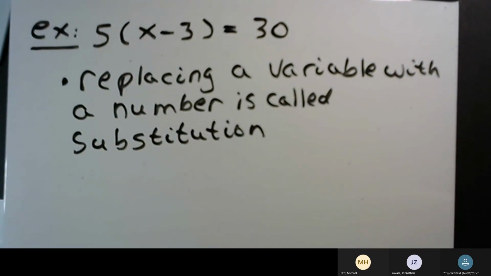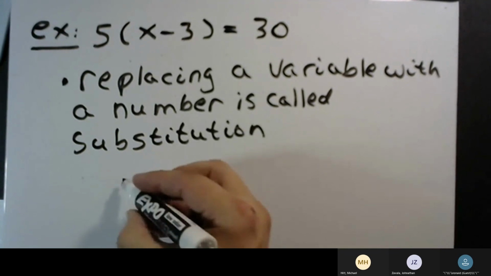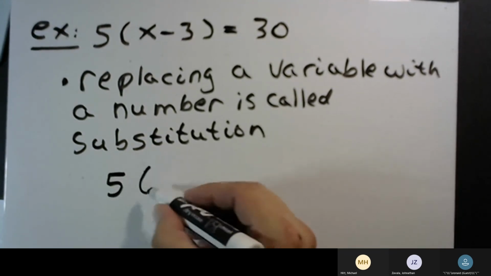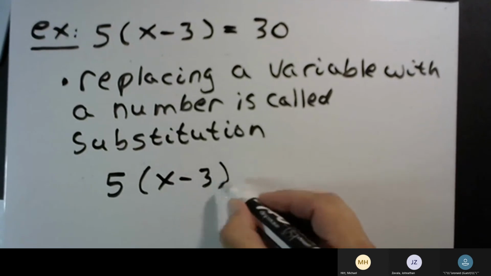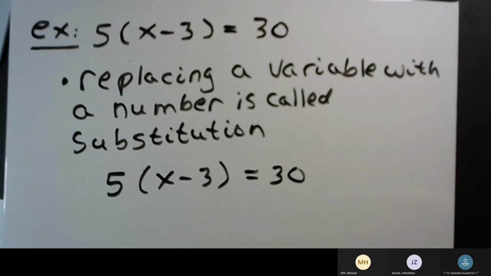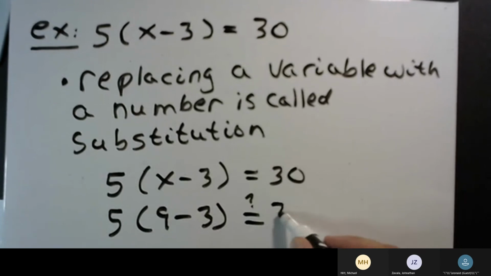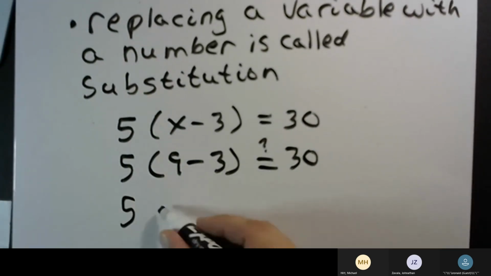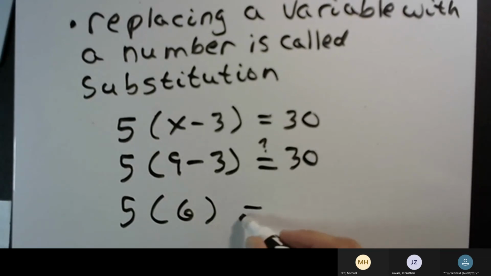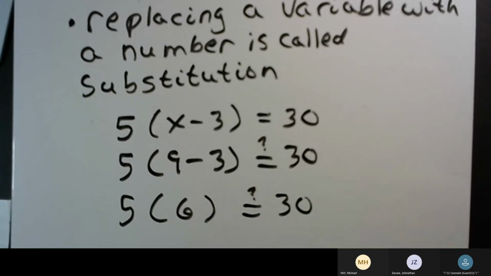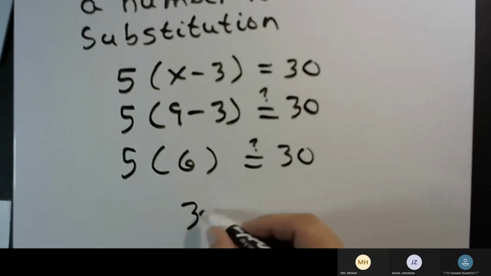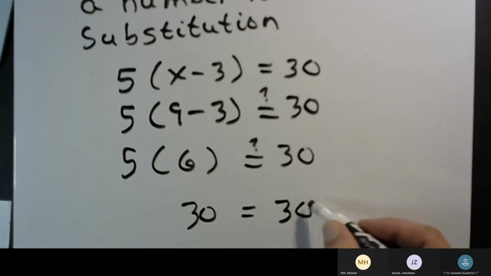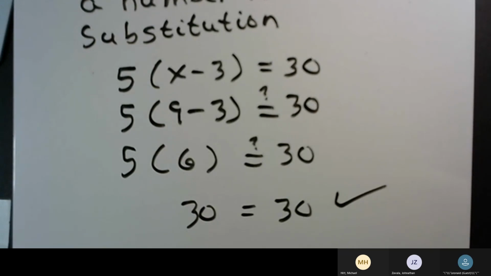We're going to substitute x with 9. So we have our x. We're going to replace it with 9, or substitute x with 9. And we're curious, is this in fact true? Do these sides balance? We're going to get 5 times 6. Does that equal 30? And sure enough, it does. We get 30 equals 30. So our solution is correct.